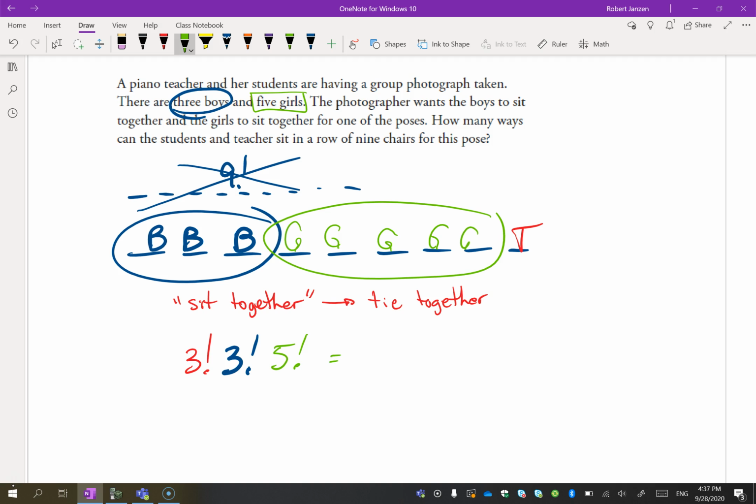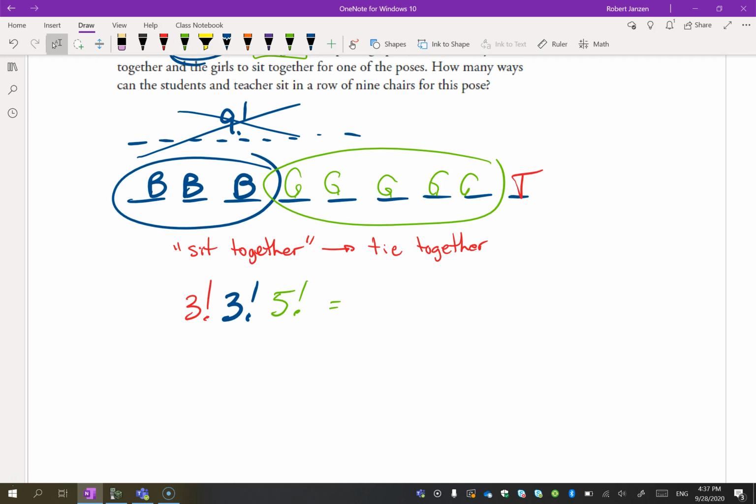All right, and this is how to group this in this situation. So I'm going to get 6 times 3 factorial times 120 is 4,320 ways they could be grouped.